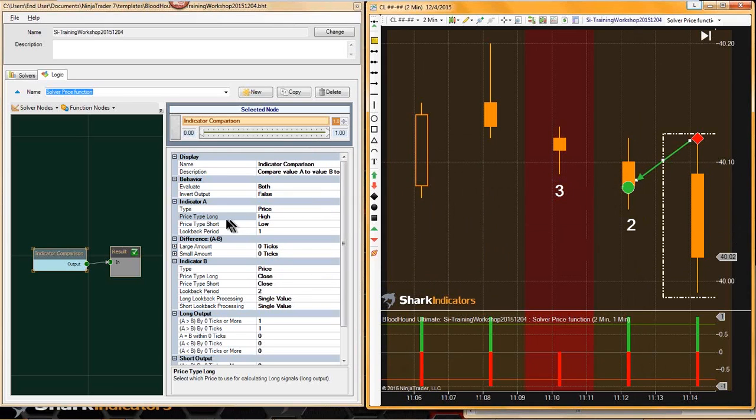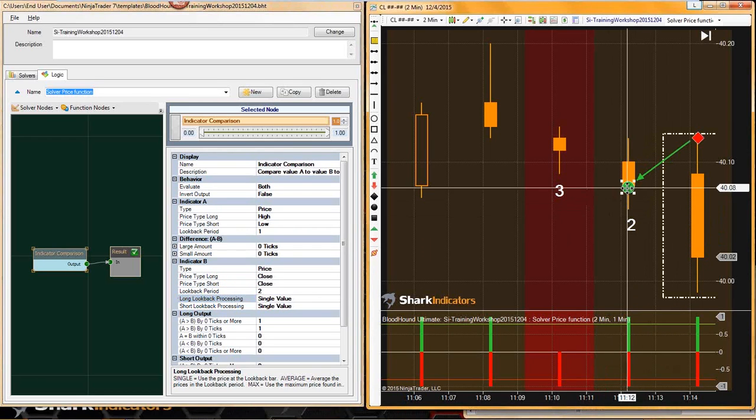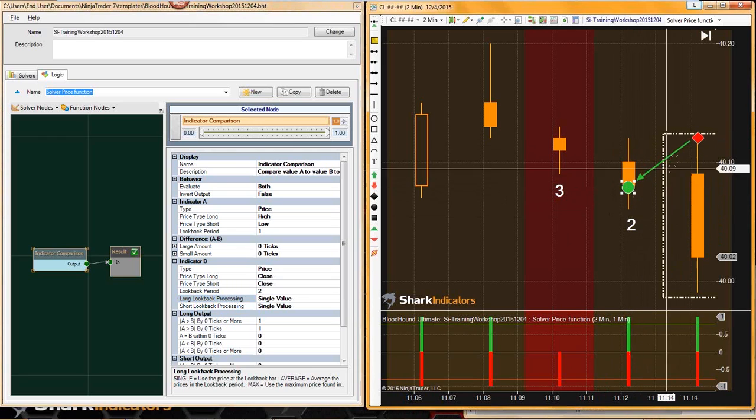So for the long output, we're looking at the high price here, and we're comparing it to the closing price with a look back period of 2. In other words, the previous bar back, looking at just the single value, so it's just the value of the closing price 1 bar back. So this is how this solver is set up.